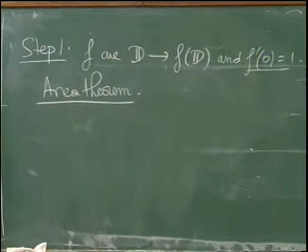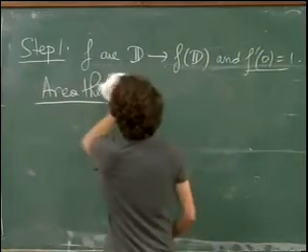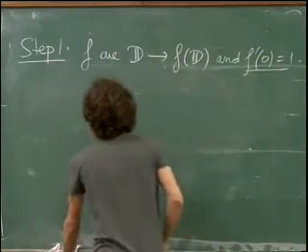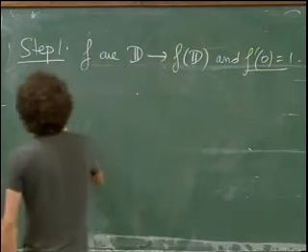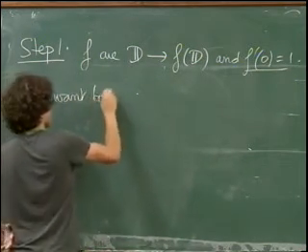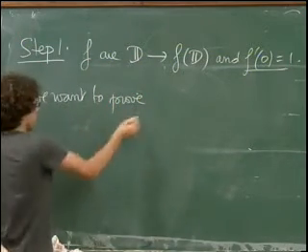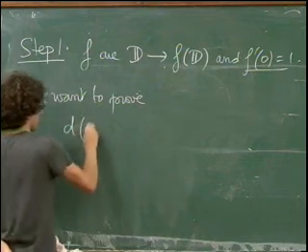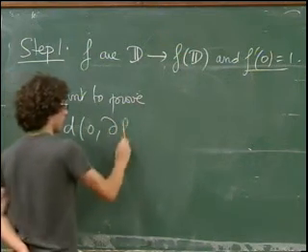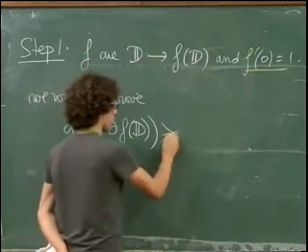And namely, what we want to prove, the exact equivalent, will be that the distance from 0 to the boundary of f of D is greater or equal to 1/4.